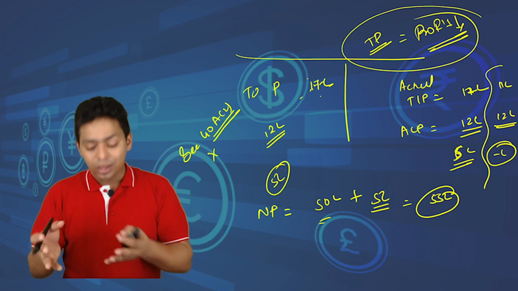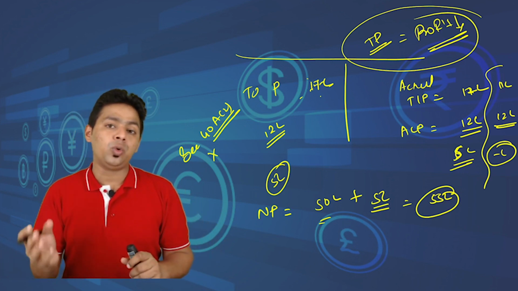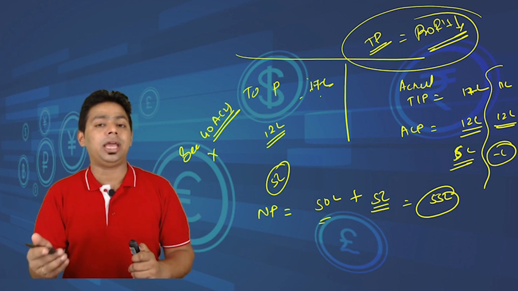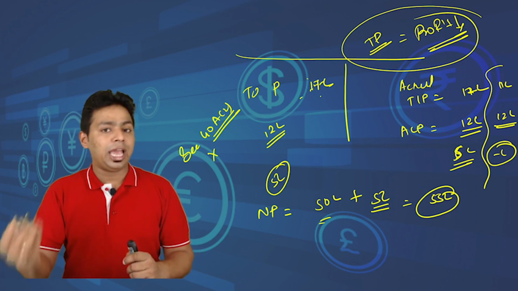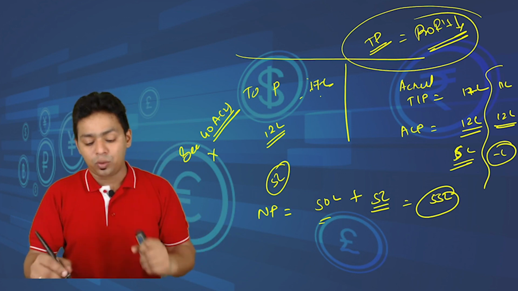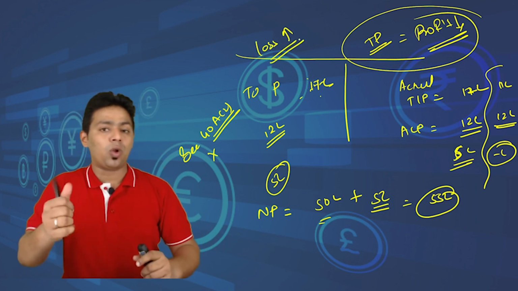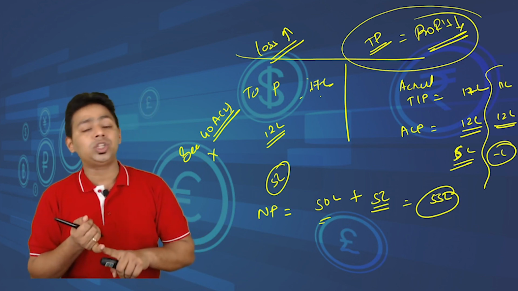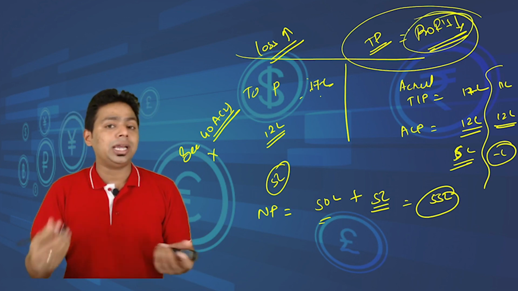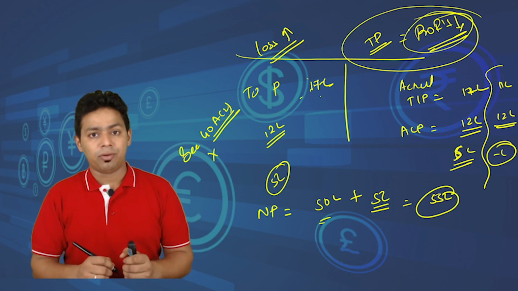There is no point in applying the transfer pricing provision and wasting time, because after bringing the ALP into the picture, our profit is going down, or our loss is increasing. Please understand, these are the same thing. If my loss is increasing, then also there is a loss to the Indian government. If the profit is decreasing, then definitely there is a loss to the Indian government.